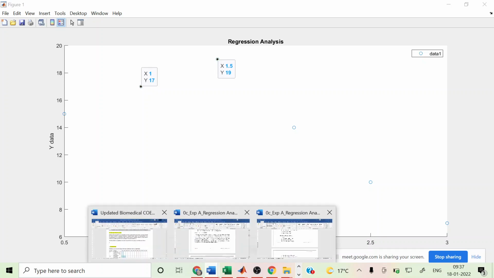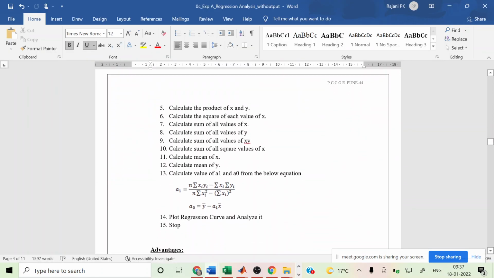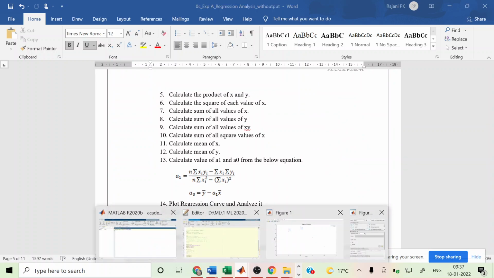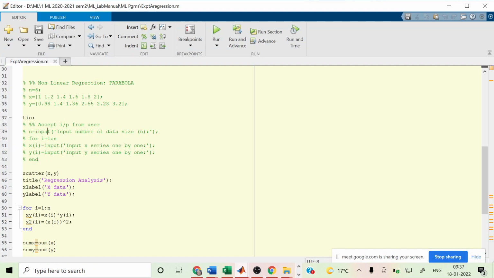So after that, what do you have to do? Display the scatter plot, then calculate the product of x and y. So how to calculate it? Why are we doing this? Because we need it to get the equation, correct? So calculating the product of x and y, how will you do that? You can do it in any way. For i is equal to 1 to n, xy of i means xi into yi. In a similar way, x square of i.